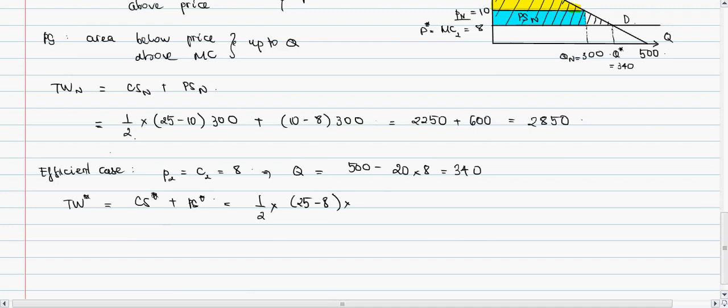And the horizontal is the total quantity the consumer is buying from the firm, which is Q star, which is 340. Alright, so producer surplus is 0, just like I mentioned earlier. So the total welfare in the market is going to be equal to $28.90.